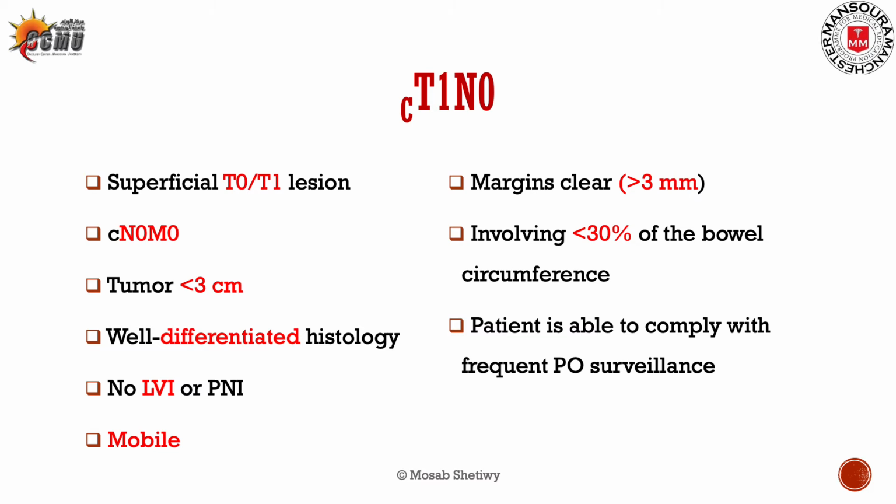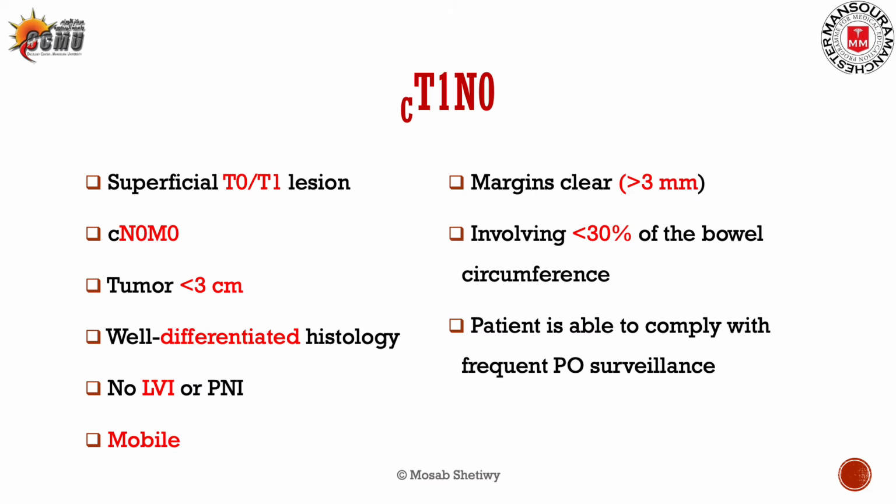One missing denotes that local excision is not enough. These criteria are a superficial T0 or T1 lesion, of course, no nodal or metastatic disease, the tumor is less than 3 centimeters, and the margins of resection of this polyp or disease are more than 3 millimeters. The involvement is less than a third of the bowel circumference. The histology is favorable, well-differentiated. No perineural or lymphovascular invasion.